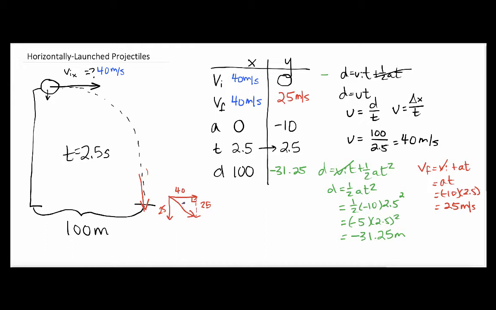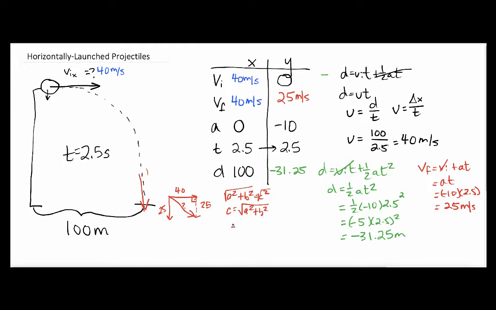We're looking for this, which is the hypotenuse of a right triangle, so we'll use Pythagorean theorem. A squared plus b squared equals c squared. And so c is what we're looking for. And since c is squared, we're going to take the square root of both sides, and that rearranges as the square root of a squared plus b squared.